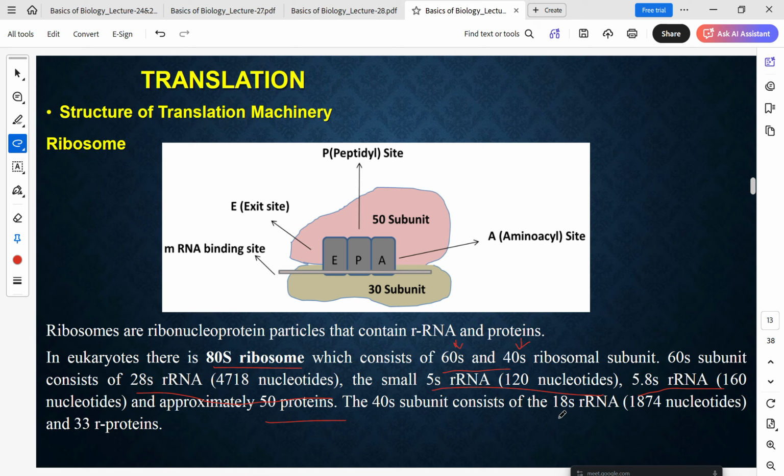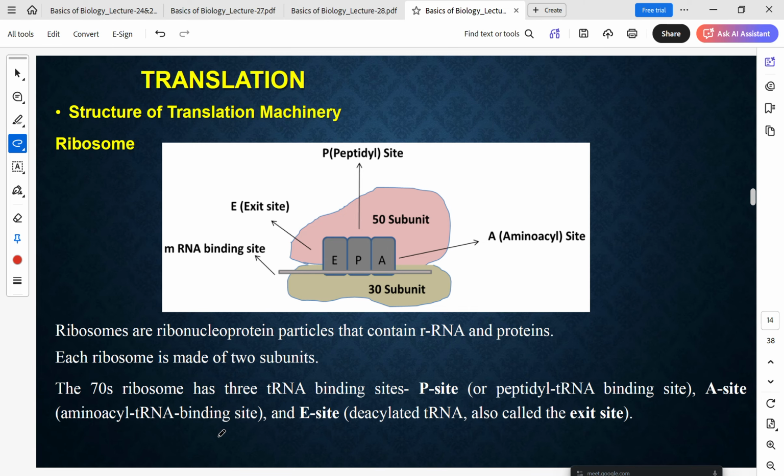The 40S subunit consists of 18S rRNA and 33 ribosomal proteins. So the 70S ribosome has 3 tRNA binding sites, a P site or peptidyl tRNA binding site, an A site or aminoacyl tRNA binding site, and an E site for deacylated tRNA, which is also called the exit site.